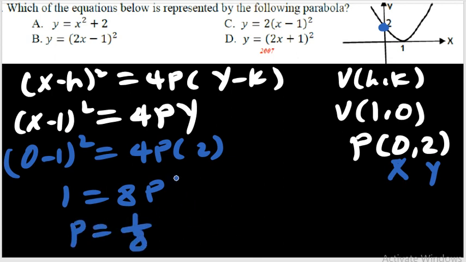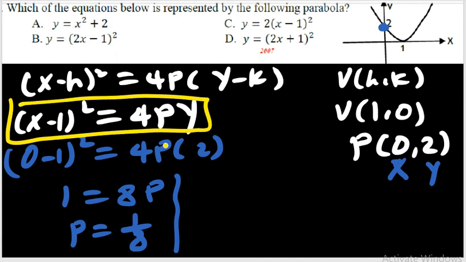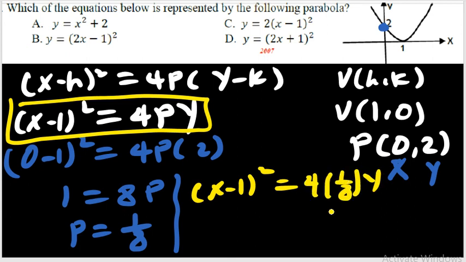Therefore, let's write the equation of the parabola. We were looking for p. So it's going to be (x − 1)² = 4 times 1/8 times y. That means 4 divided into 4 gives 1, and 8 divided by 4 gives 2.